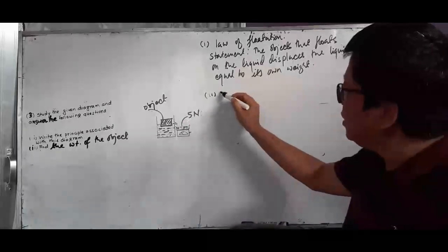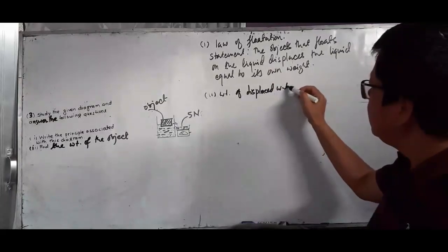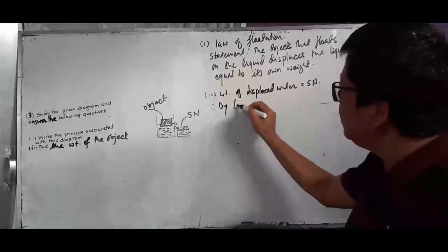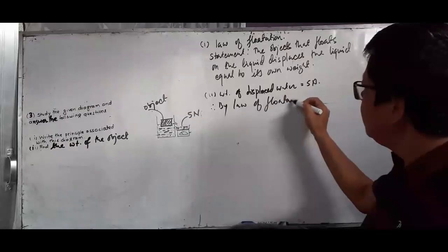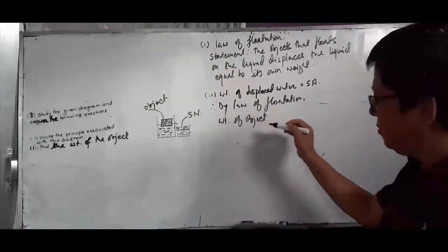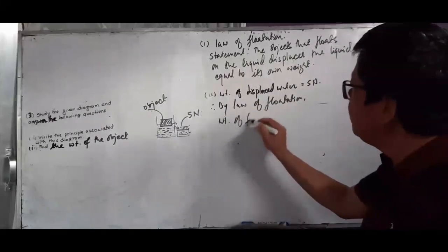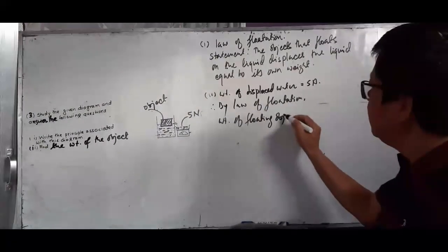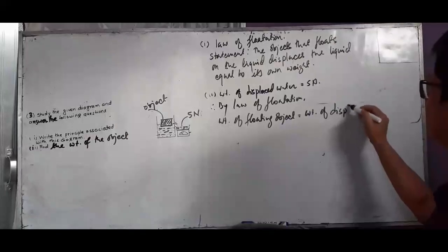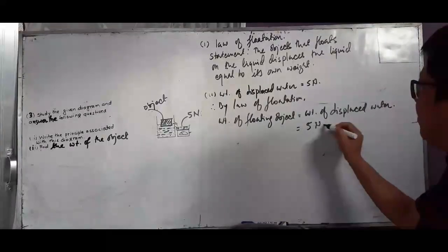So the weight of displaced water is 5 newtons. Therefore, by the law of flotation, because the object is floating, the weight of the floating object equals the weight of displaced water, and the weight of displaced water is 5 newtons.